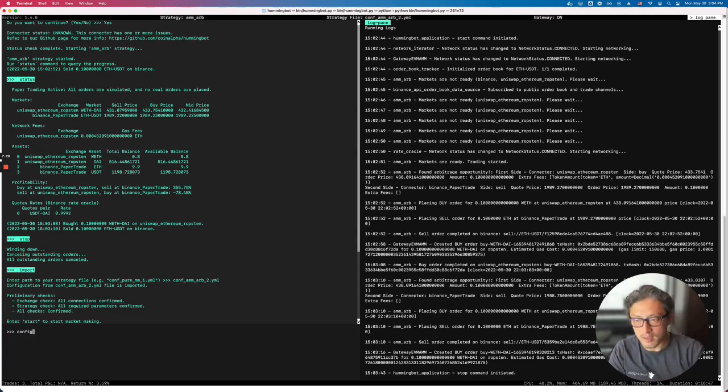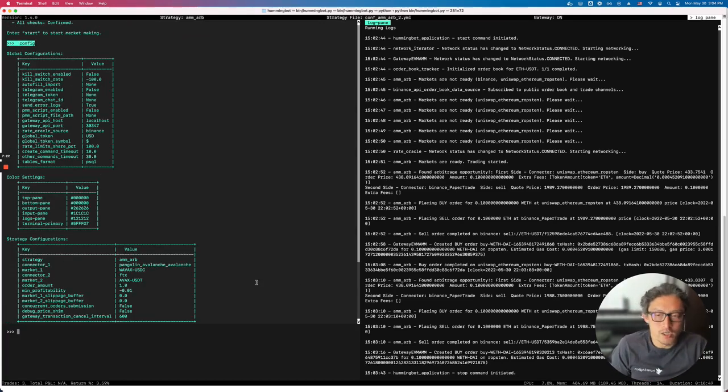If we look at the configuration for that strategy, we can see that it's doing AMM Arb on the Pangolin exchange on Avalanche versus the FTX exchange, both in the Avalanche to stablecoin pair. I'm using wrapped Avalanche to USDC on Pangolin, and on FTX I'm using AVAX to Tether.